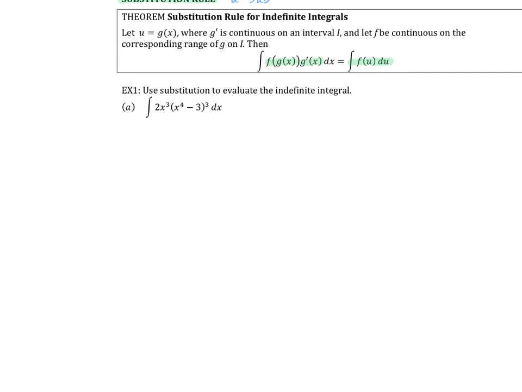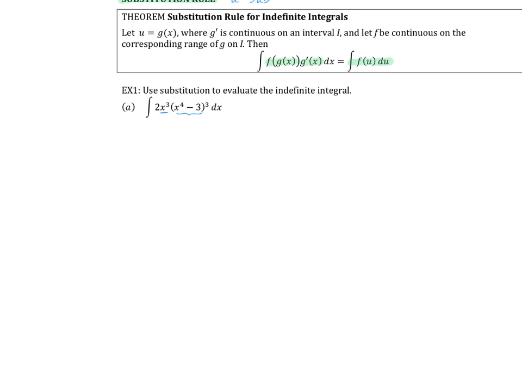So instead, notice that x to the fourth minus 3, if I were to take its derivative of what's inside those parentheses, I would get a 4x to the third, and I don't really care about the constant number part, I just care about the variable. So the x to the fourth derivative would be 4x to the third.